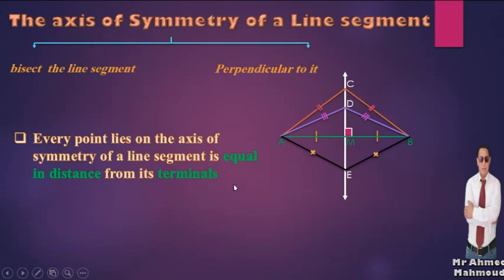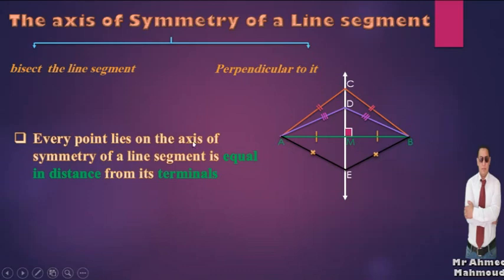Again, the axis of symmetry of a line segment bisects it and is perpendicular to it, and points on it lie at the same distance from its two end points.